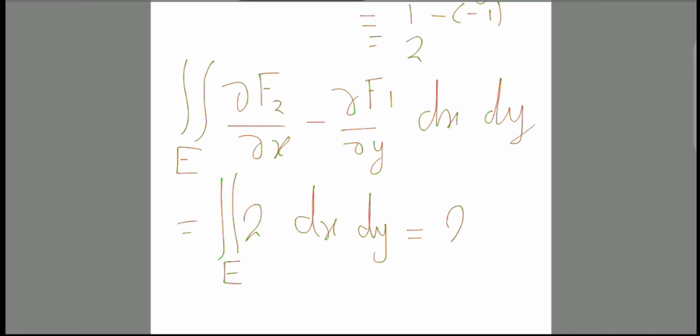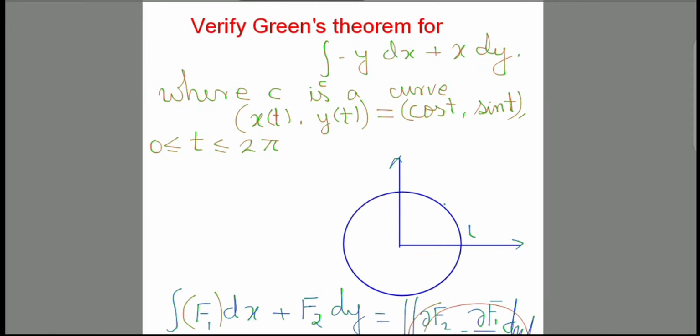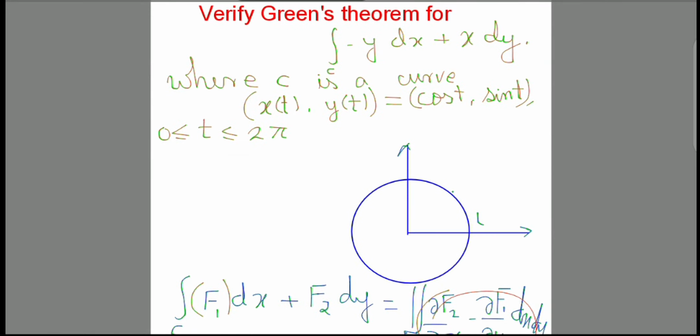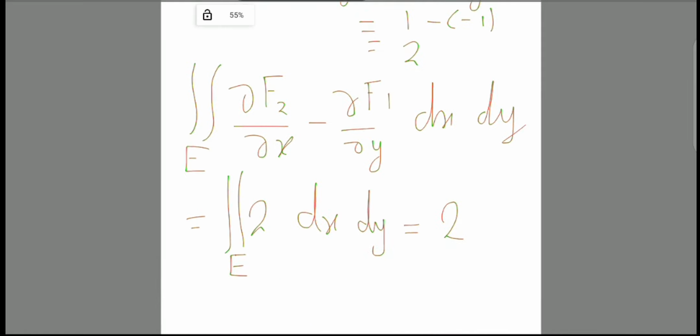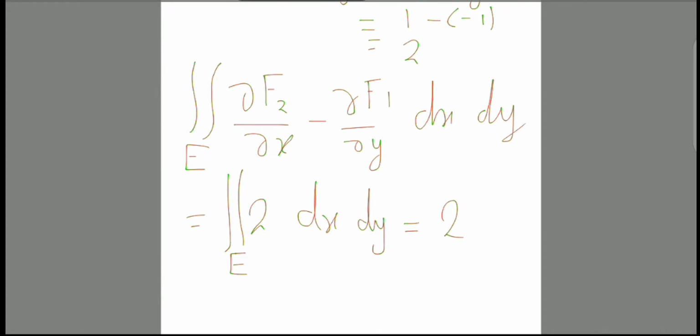The region is just a circle of radius 1 unit, so integrating dx dy over this region gives the area of the circle, which is pi because the radius is 1 unit. So we have computed the right hand side equal to 2 pi.